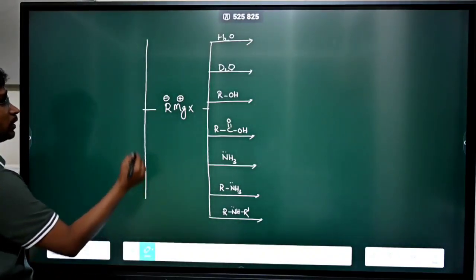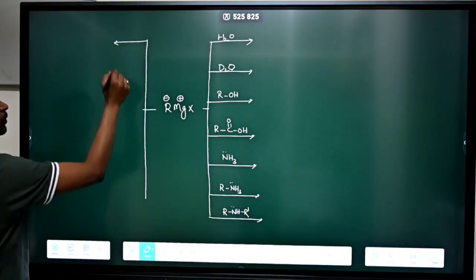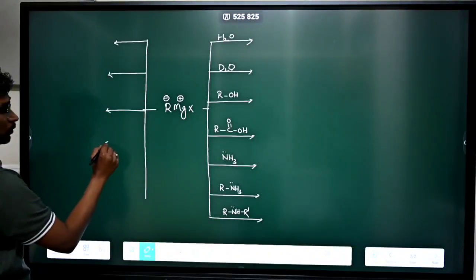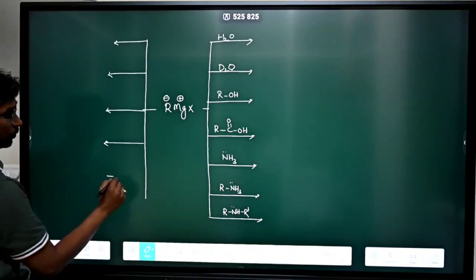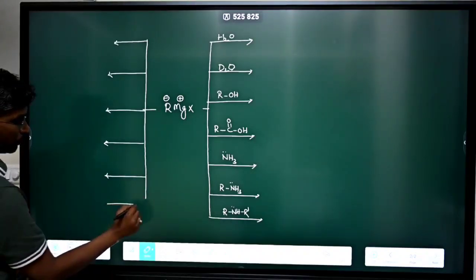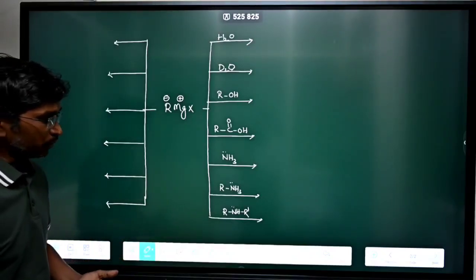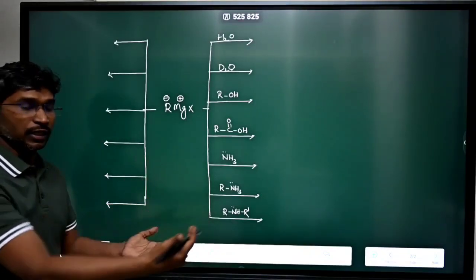Some more reactions we can take. These are reactions of acidic hydrogen containing compounds only that I am taking, and nucleophilic addition reactions I will take separately.